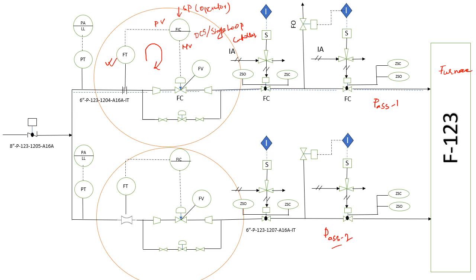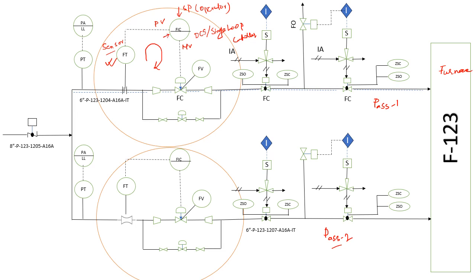Now here you see the configuration is very simple. First, you need to have a sensor which measures your process variable. So in this case, this is FT. So first you have a sensor here, right? Then it goes to FIC, which is your flow indicator controller.